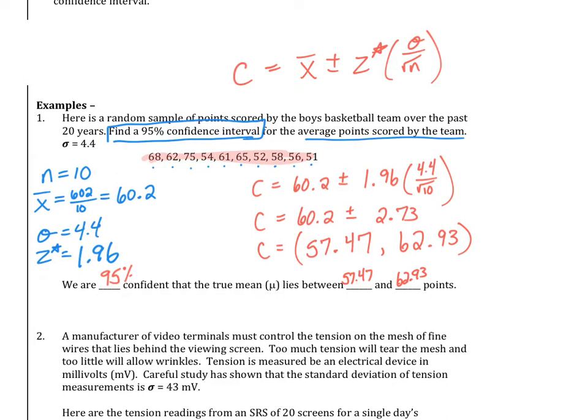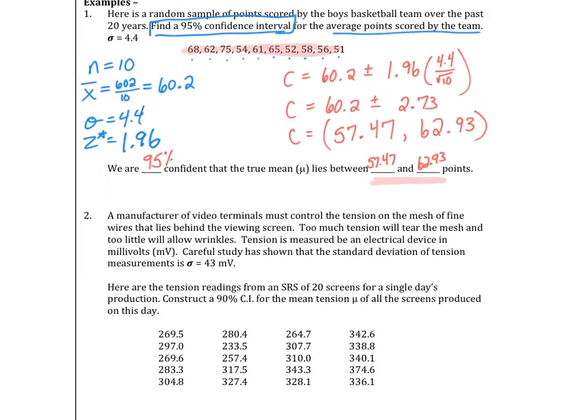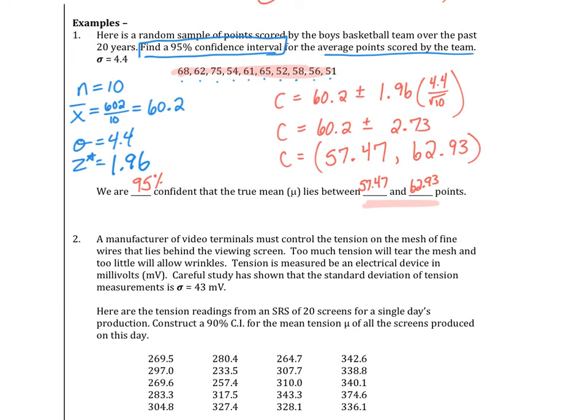So that means we're pretty sure the average of the last 20 years is between these two numbers. So we can narrow it down to that range right there by doing a confidence interval. And that's what we're trying to do, because it's nearly impossible to find the average of the last 20 years, but we can kind of narrow it down to what the true average or the true mean is.